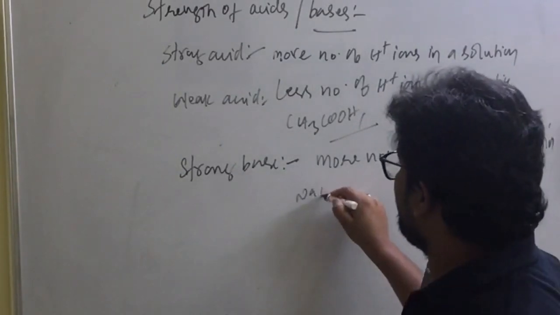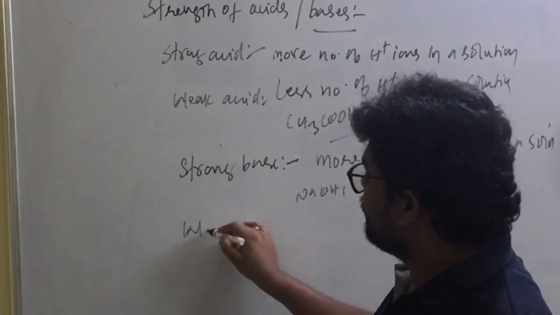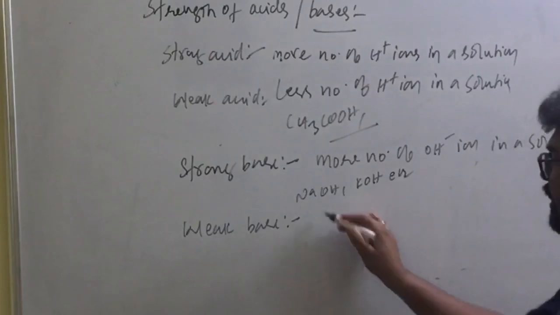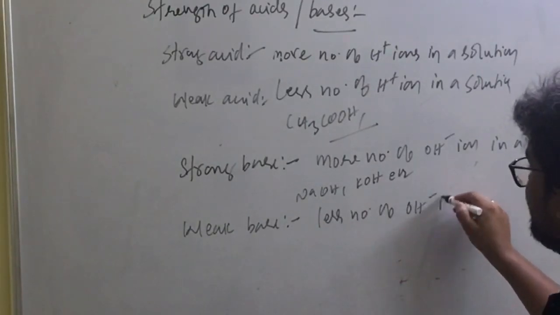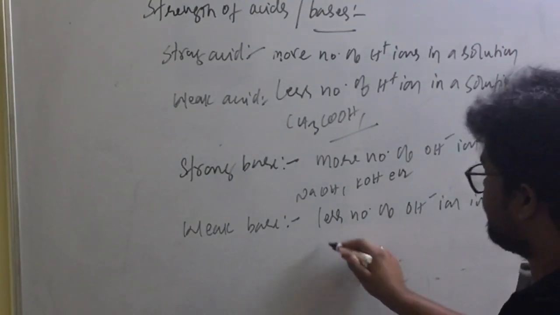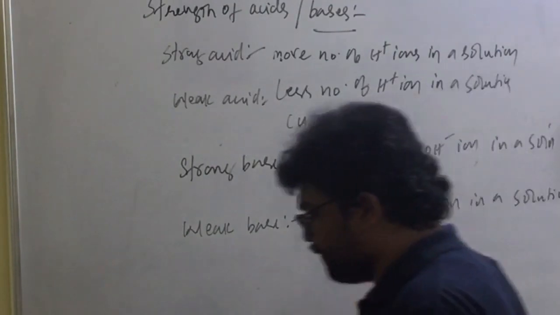NaOH, KOH, etc. When should we call it a weak base? If it has less number of OH minus ions in a solution. Example, ammonium hydroxide. It's an example of a weak base.